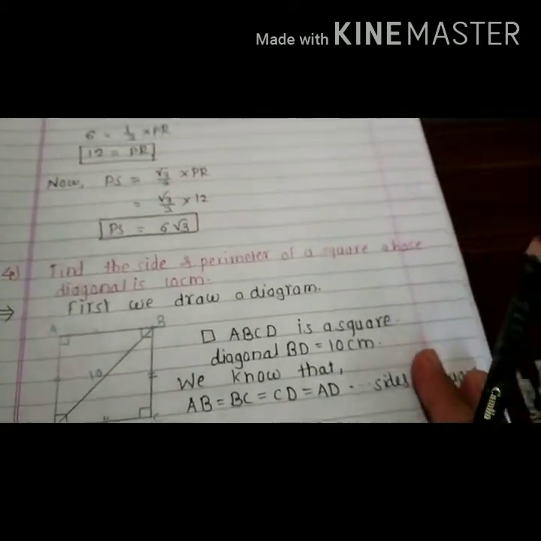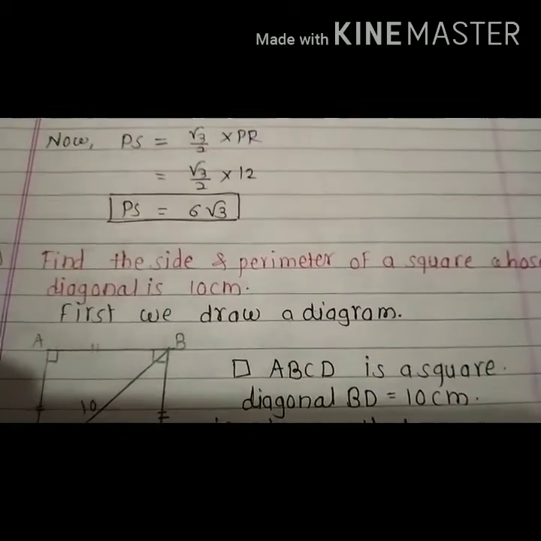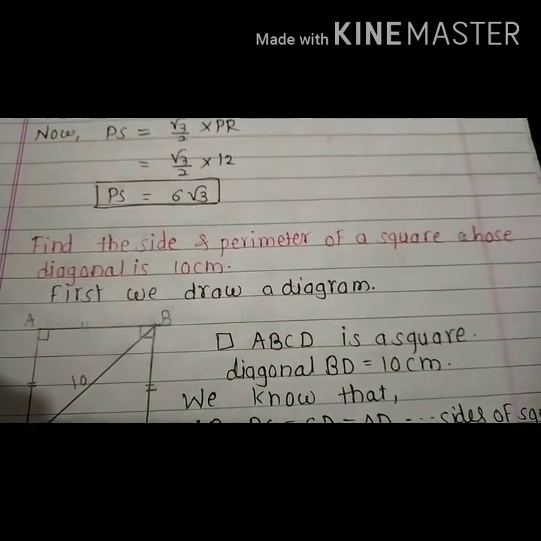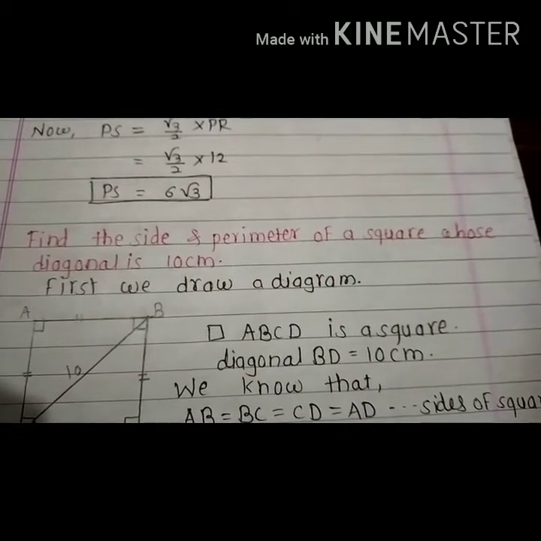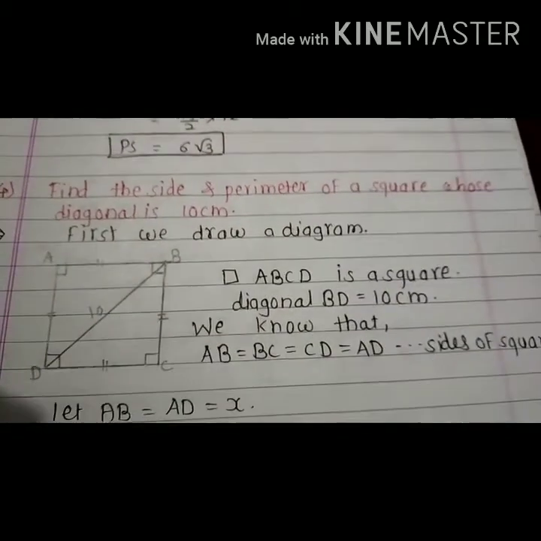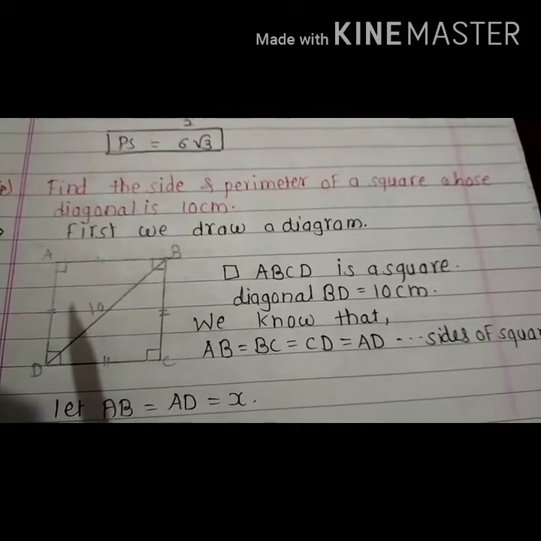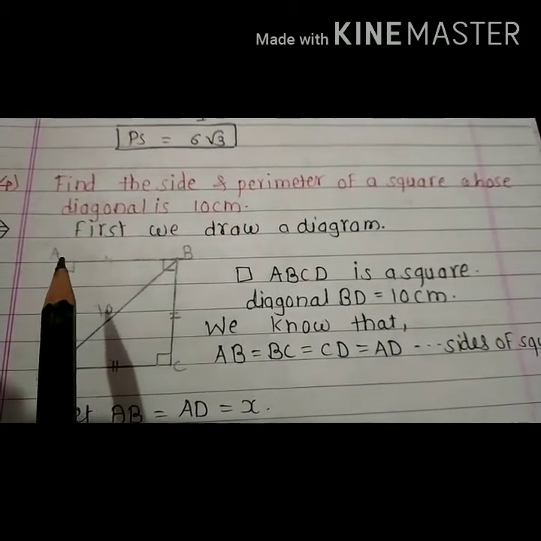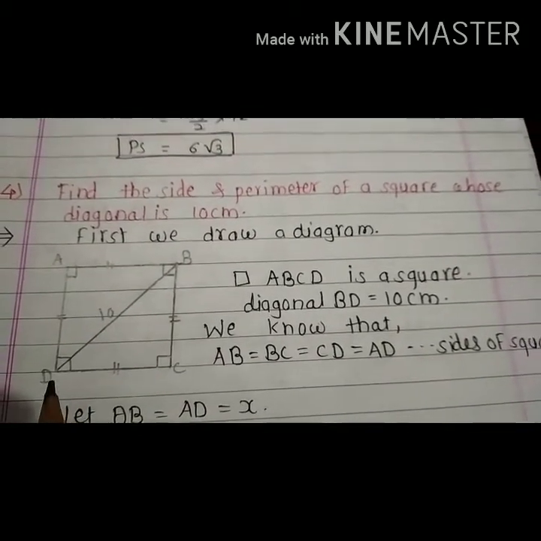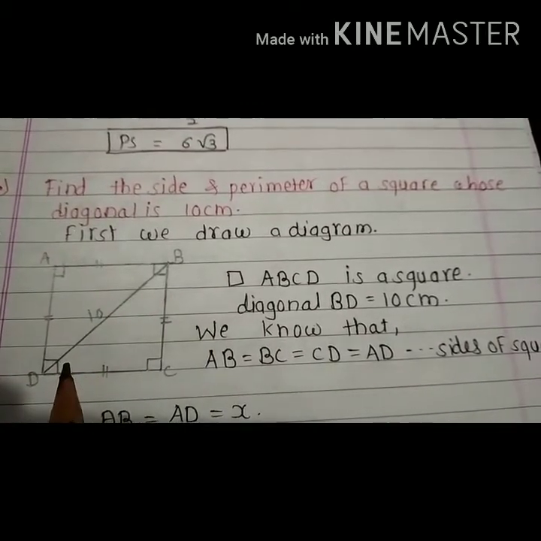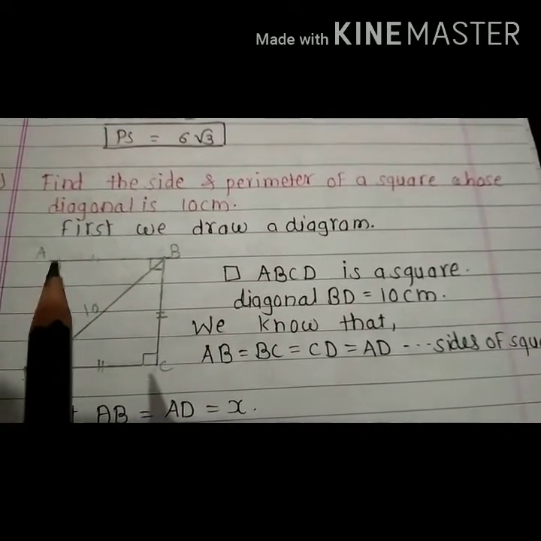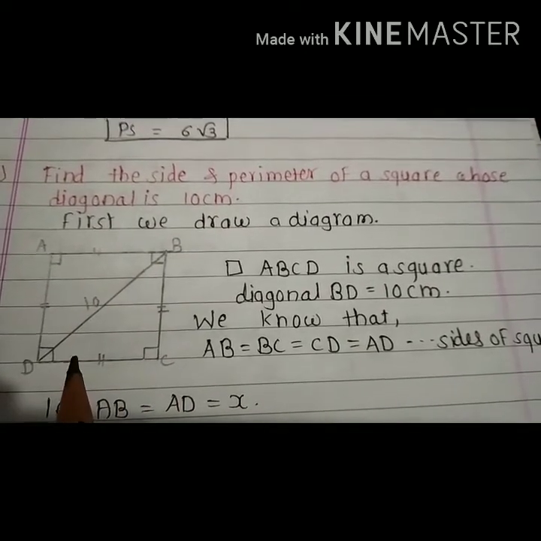Now, next example is find the side and perimeter of a square whose diagonal is 10 centimeter. First, we have to draw diagram. Here, quadrilateral ABCD is a square. BD is the diagonal. We know that all sides of a square are congruent.